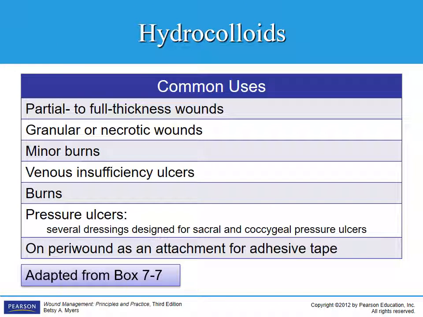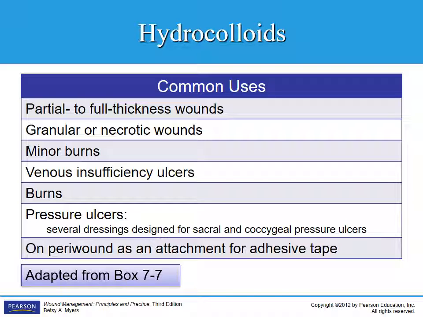Common uses are partial to full thickness wounds, granular or necrotic wounds, minor burns, venous insufficiency ulcers. Remember I talked about those are wet wounds, so you could use a hydrocolloid on a venous insufficiency ulcer. Burns, pressure ulcers, especially sacral and coccygeal pressure ulcers, and on the peri-wound as an attachment for adhesive tape.